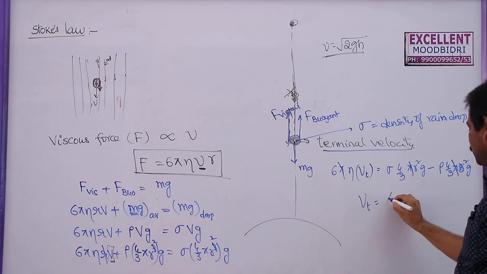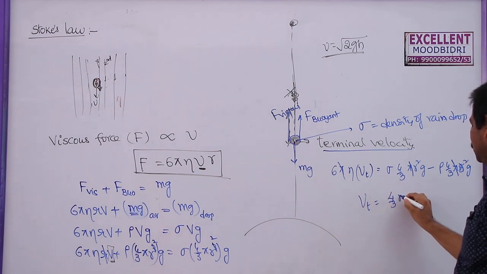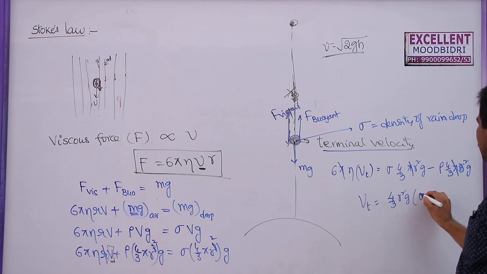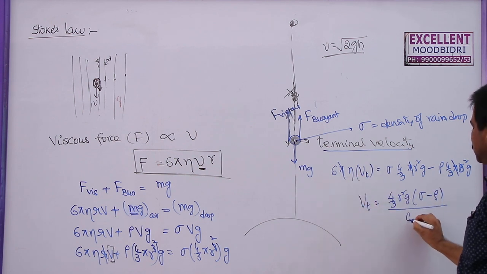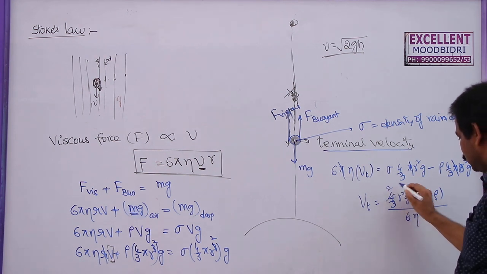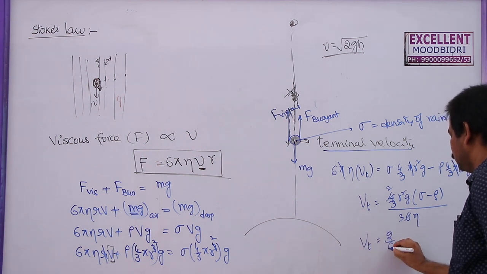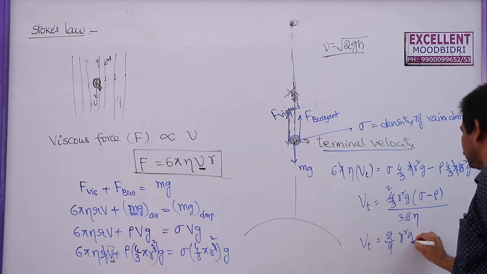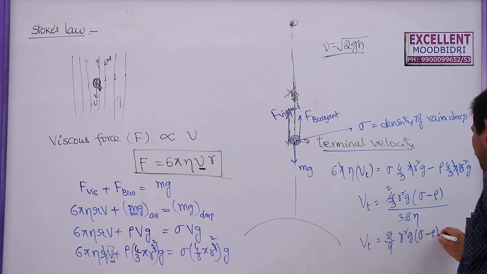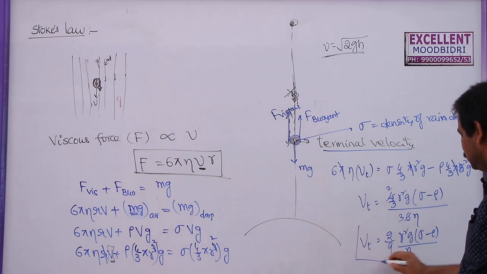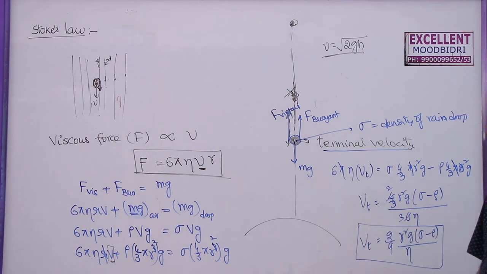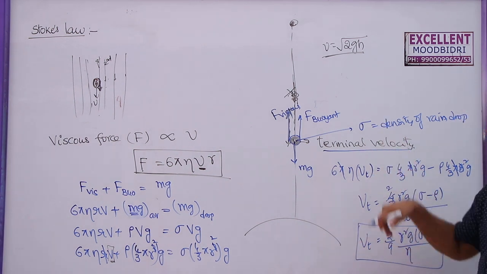Here you can take 4 by 3 r square G common, sigma minus rho by, this will become 6 eta. So this will become 2 2s, 2 3s. So the terminal velocity is given by 2 by 9 r square G, sigma minus rho, by this eta, 3 3s are 9. So this is the expression for terminal velocity of a raindrop falling through a fluid.